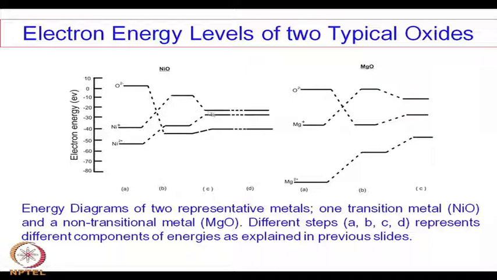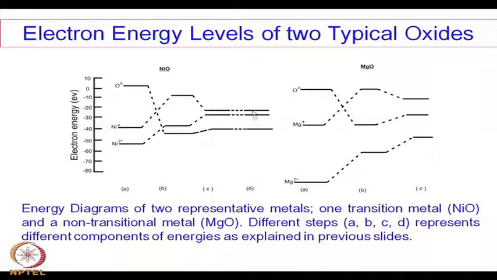So, these are the conduction levels. Of course, as I mentioned, there is an additional term, the fourth step, but the change of energy is very insignificant. This fourth step is not there in MgO, the insulating oxides or non-transition metal oxides.